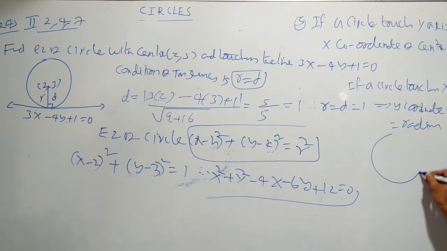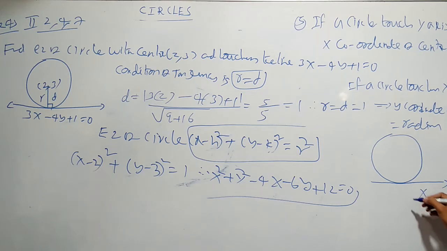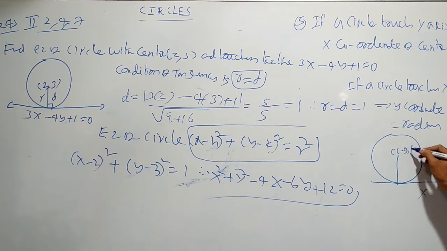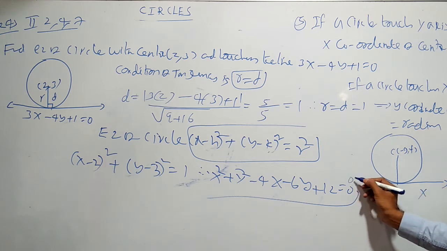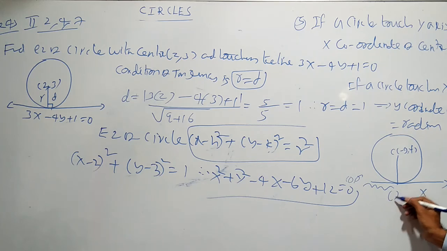Let us try to understand with an example. This is x-axis. This is center minus g comma minus f. Whenever the circle touches x-axis, if you put 0 here, the point is minus g comma 0.